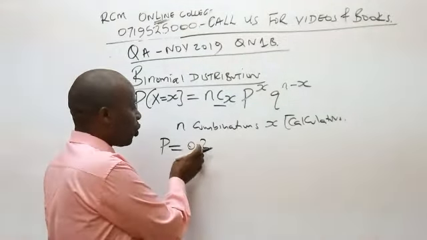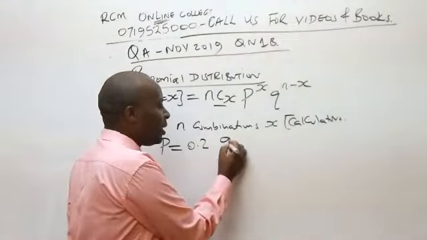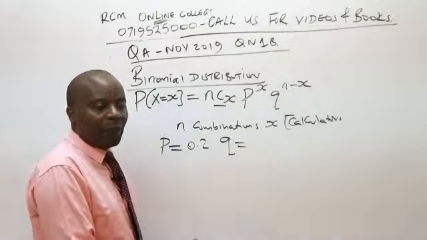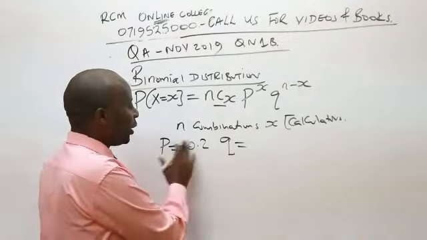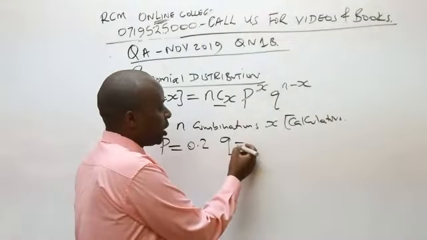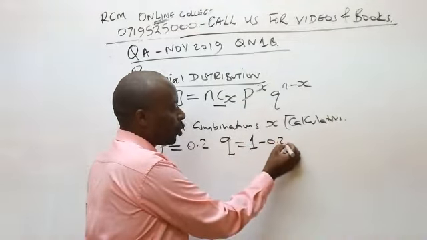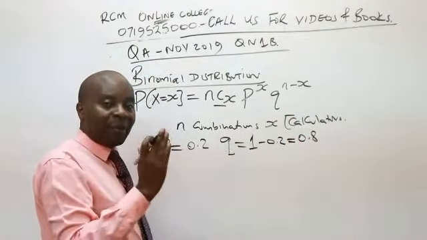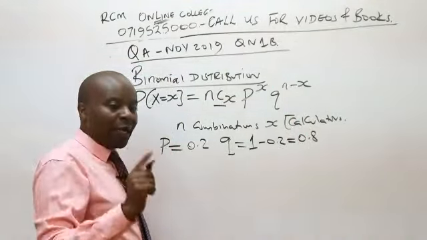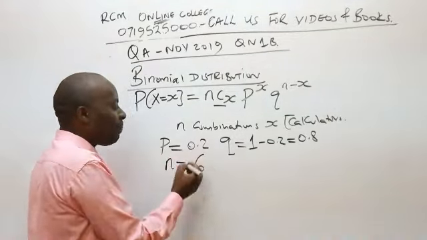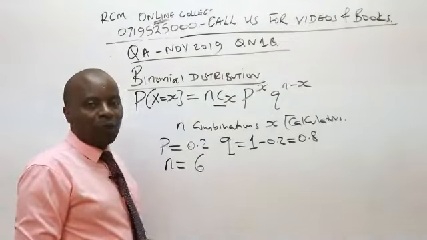Once you give me 0.2 probability, then getting the other probability, which is our Q, is a walk in the park. Why? Because I know that the 2 must always add up to 1. Meaning Q will be 1 minus 0.2, which will be equal to 0.8. P plus Q is always equal to 1. That is very important. N is my sample size. We've sampled the 6 consultants.